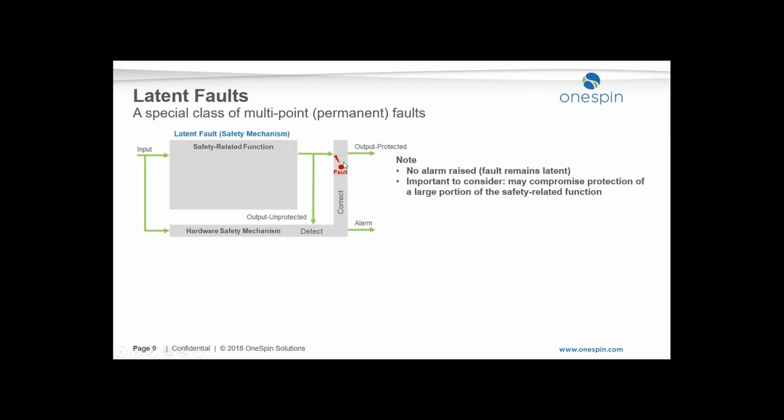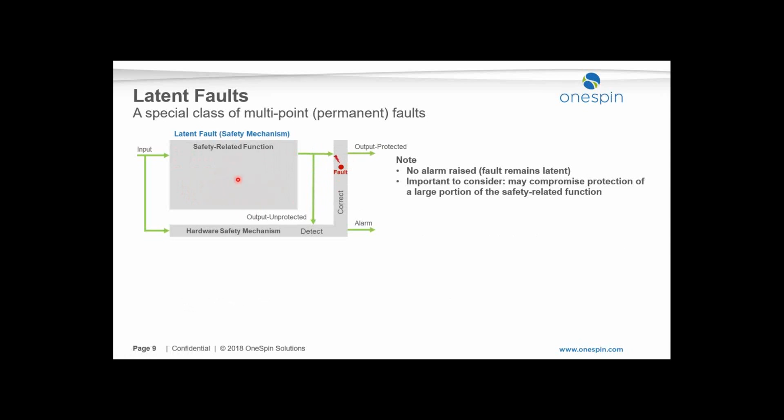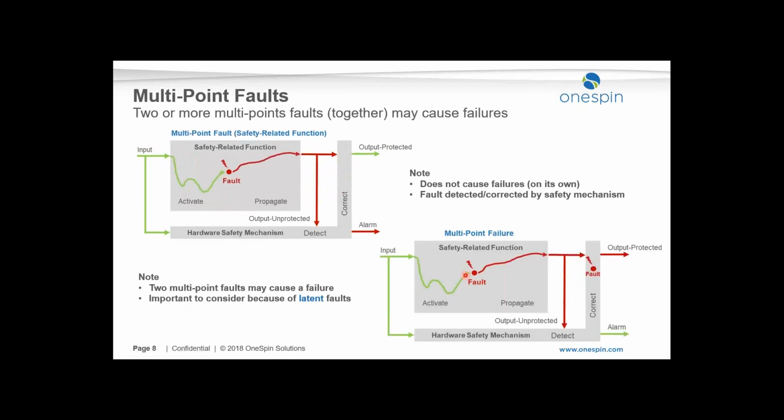For example, you might have a safety mechanism in the hardware in your car. After 1 year, something goes wrong, and this fault stays here. It doesn't cause any problem, but it's there. And later on, if you get an additional fault in the safety-related function, as we saw before, these two can cause a problem.